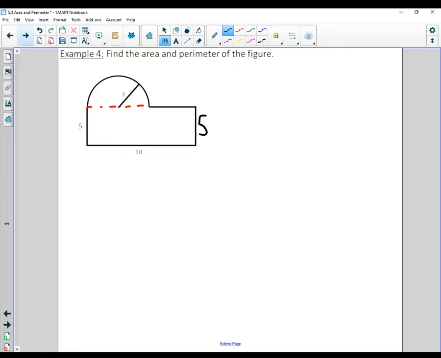The radius is halfway, the diameter is the whole thing. So it's not going to be 3, but it's going to be 6, right? Twice that radius. If that's 6, and this is 10, what does this little thing have to be? The whole thing has to be 10. So what's this? 4. All right. 6, 4, 10.